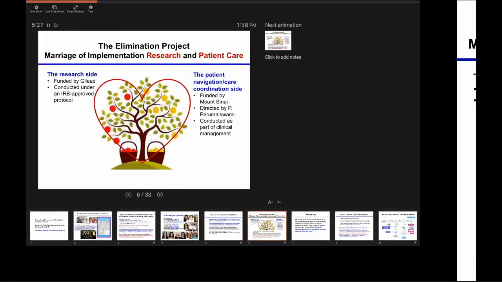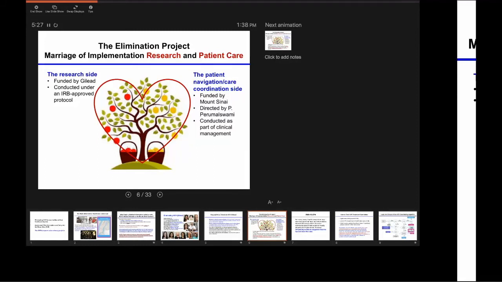We have a particular focus on 2 patient groups, but that's not really important for what I'm talking about today. One thing that is important to understand about this Eliminate Hep C project is that it really is a marriage of a research project and clinical care. I know Catherine has been very interested in whether you could do this where it's just research, and this came up in our conversations with Semaphore.